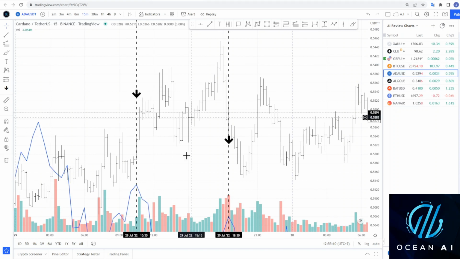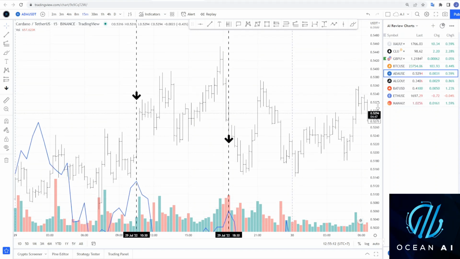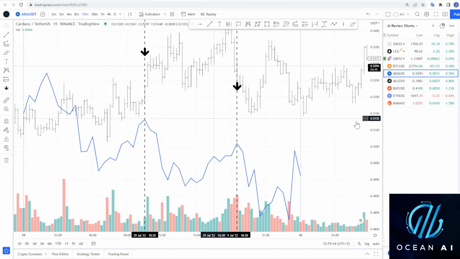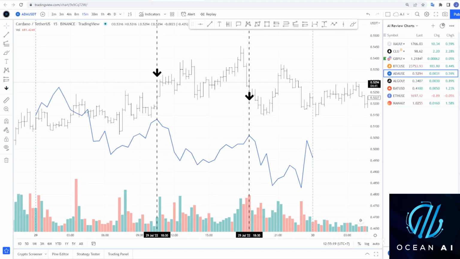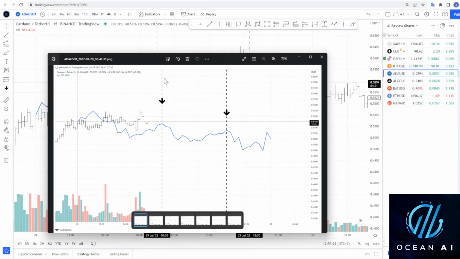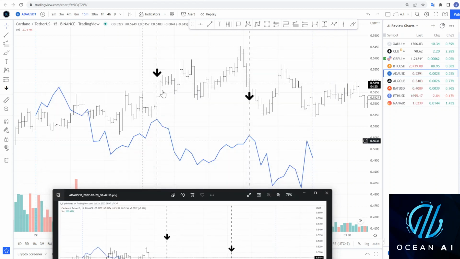Go over to Cardano. If that was Cardano, so we had this one here. So that was Cardano, sent out around 9 o'clock in the morning, expecting these 2 points here.